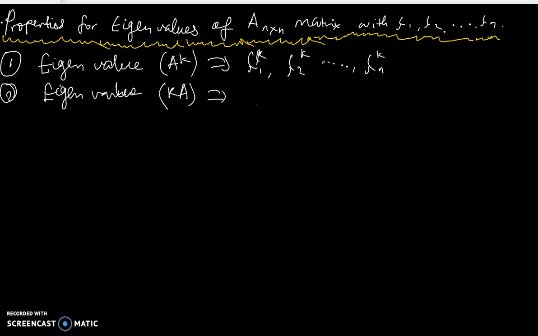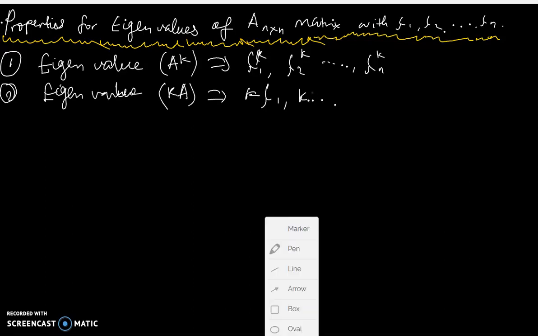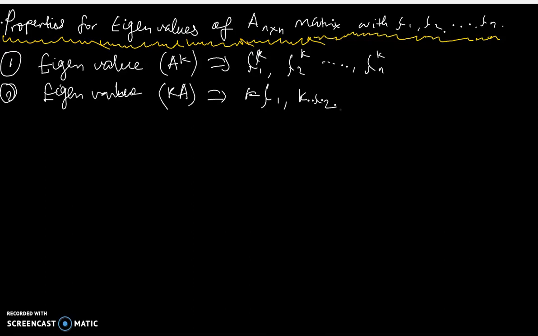This will be equivalent to K lambda 1, and then K lambda 2, and then K lambda 3, up to K lambda n.